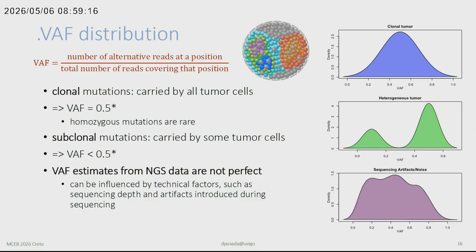This is used as a summary statistic for approximate Bayesian computation, to estimate parameters and so on. And we expect that a clonal mutation, which is in all cells, heterozygous, is above 0.5. The shape of this is very informative, but there is a lot of noise, because we are talking about sequencing data, and we have noise.